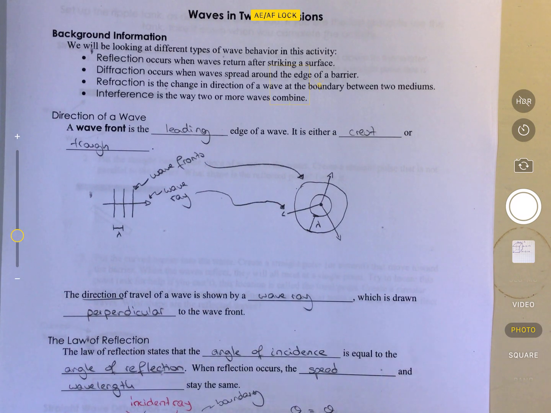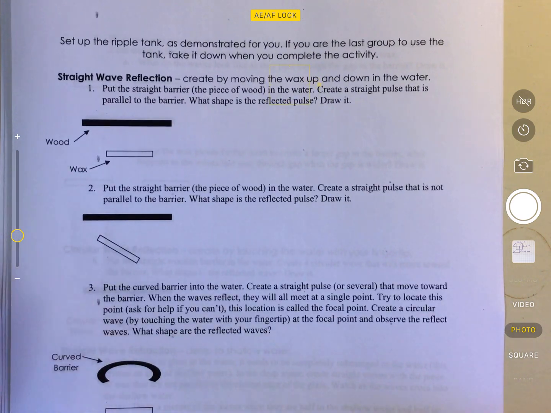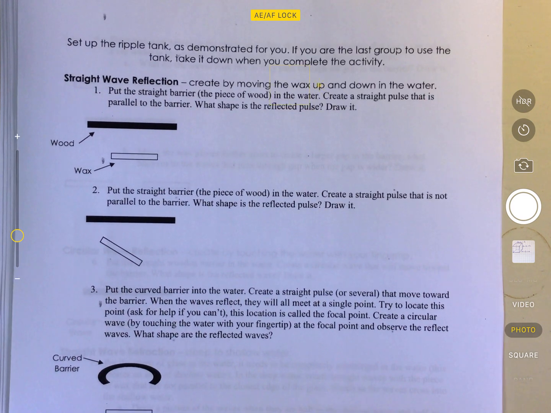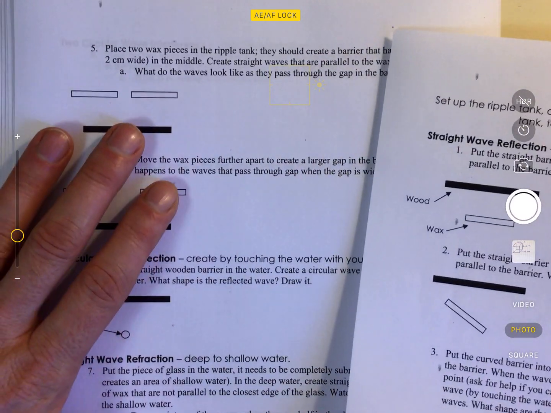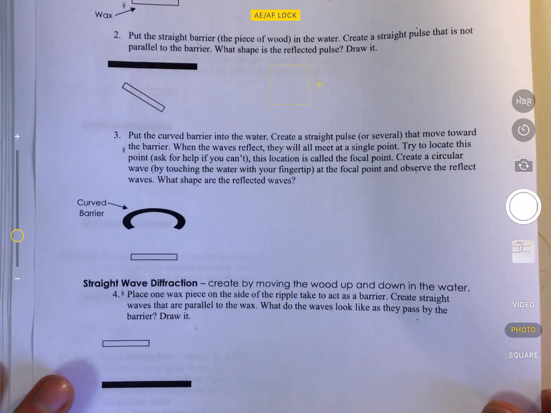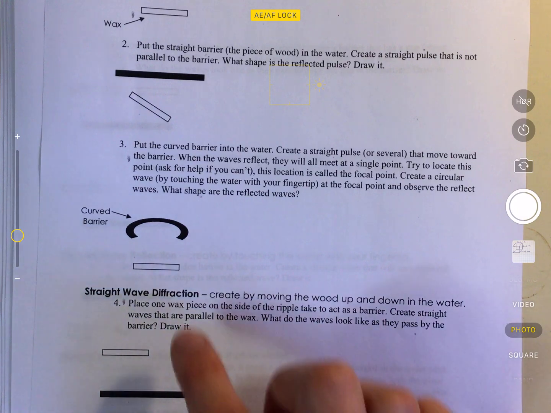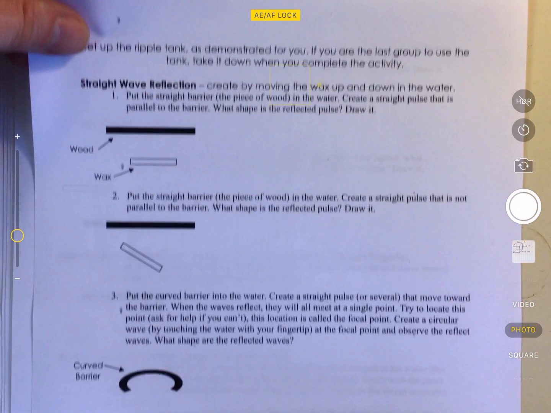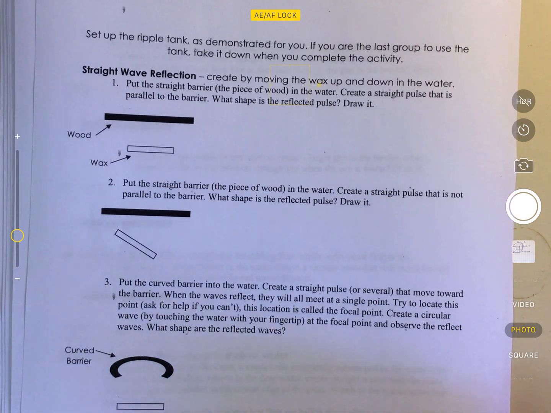For now, we'll go to the next page, and I just want you guys to get used to how a wave gets reflected and diffracted. Okay, so up until this point we have reflection, and from here we have diffraction. I'll just walk you through that in the next video together.